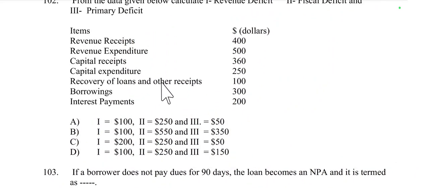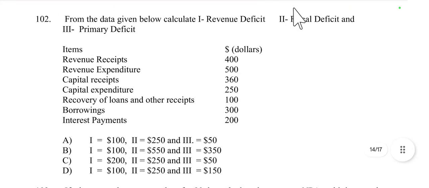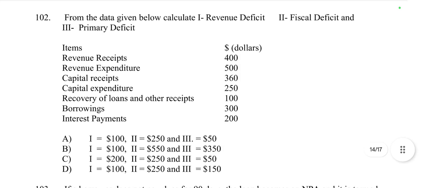So you have to find out first the revenue deficit, then the fiscal deficit, then the primary deficit. So first let's find the value of the revenue deficit. The revenue deficit is equal to revenue expenditure minus revenue received.